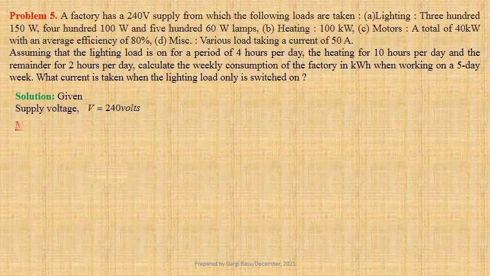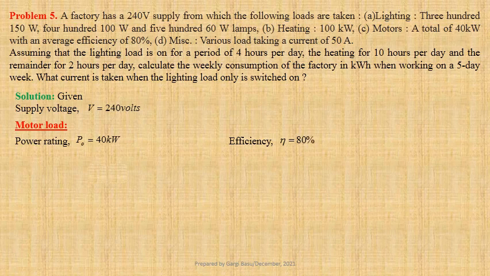For motor load, given power rating PO equals 40 kilowatts, efficiency eta equals 80%, that is equal to 0.8. Operating time T3 equals 2 hours. Input power P3 equals PO divided by eta.